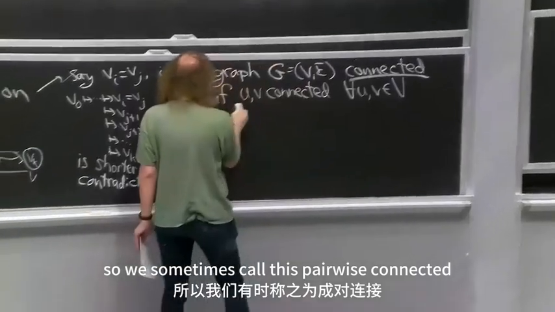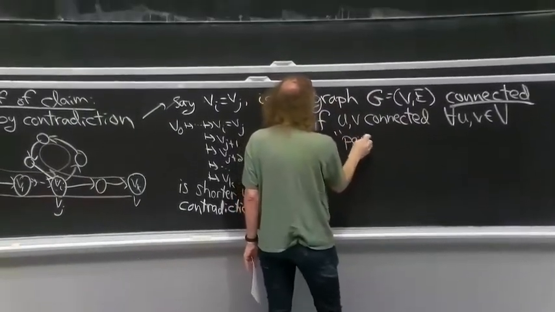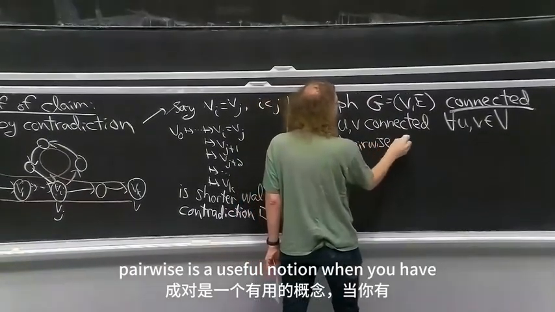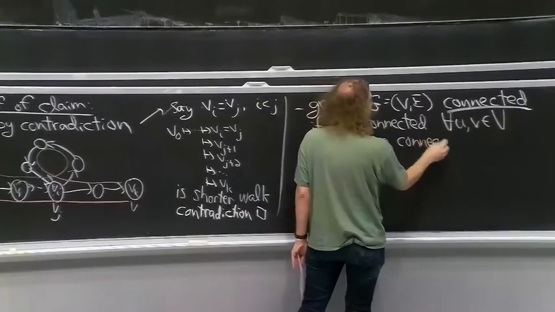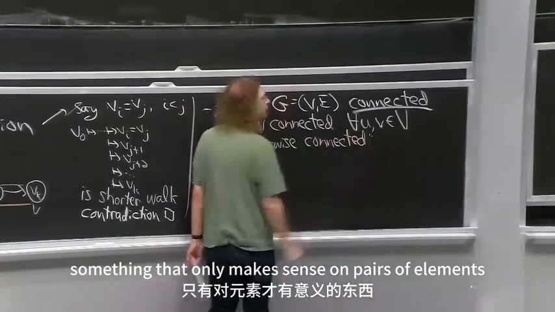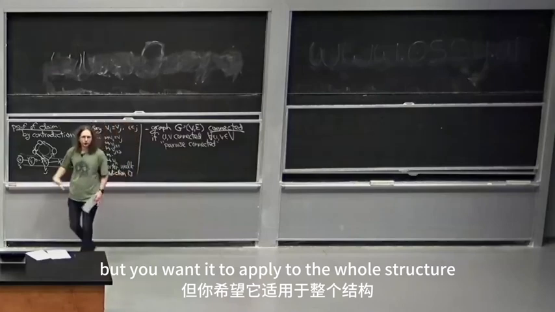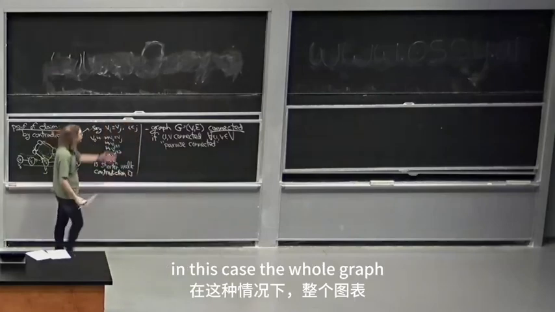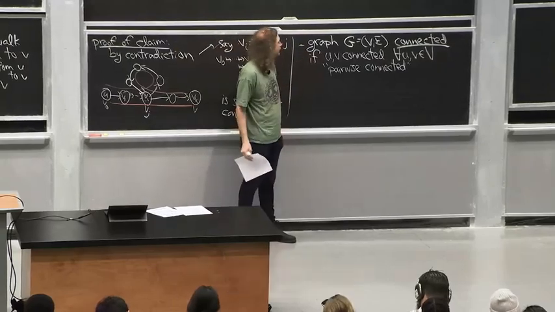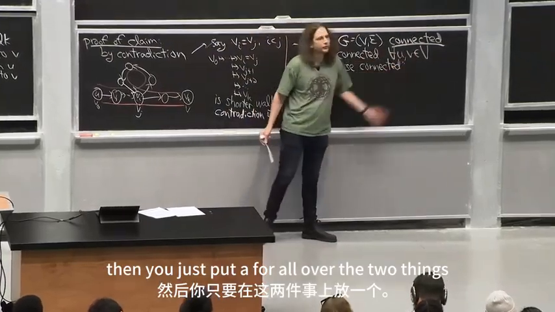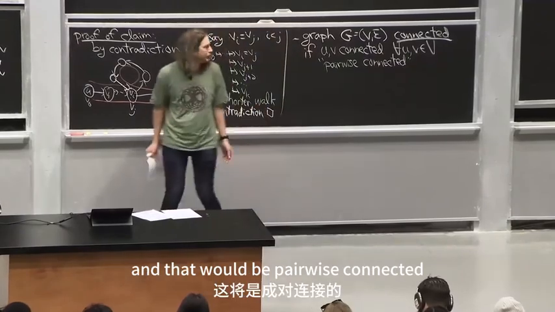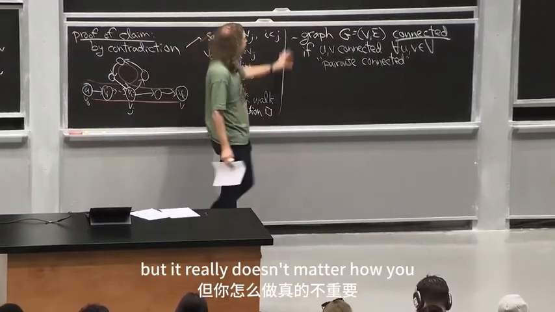So we sometimes call this pairwise connected. Pairwise is a useful notion when you have something that only makes sense on pairs of elements, but you want it to apply to the whole structure, in this case the whole graph, not just pairs of vertices. Then you just put a for all over the two things, and that would be pairwise connected.